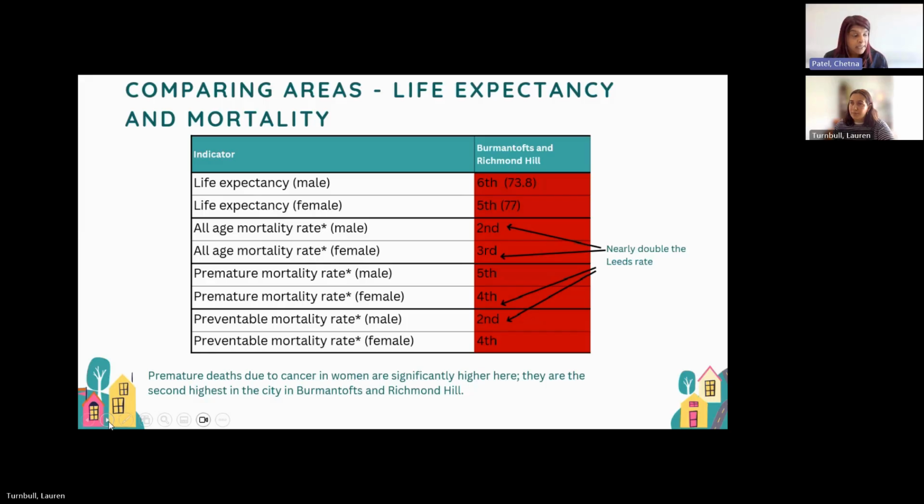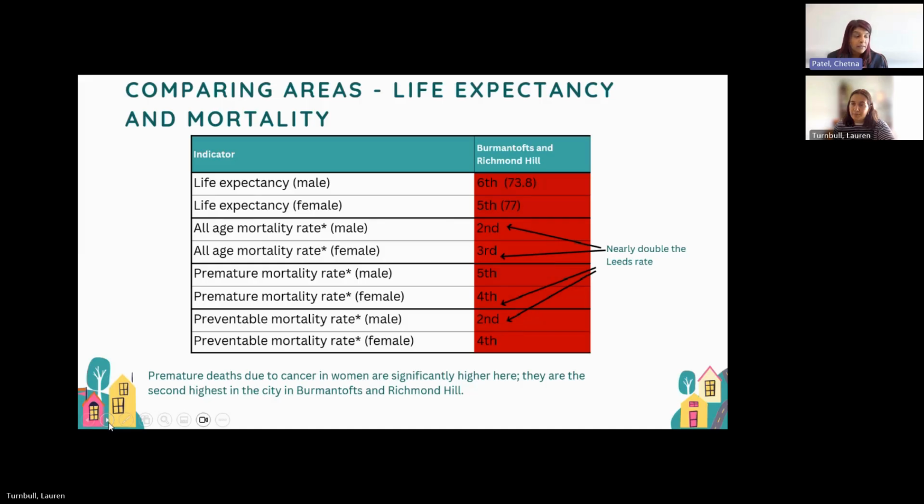And then all age mortality is really about showing how many people die in a certain group over a set period of time. So basically how common death is in a population. And again, we've got higher rankings there, which is double the rates of Leeds. Premature mortality is people who die under 75, and preventable mortality rate is those that could be avoided if public health actions were taken.